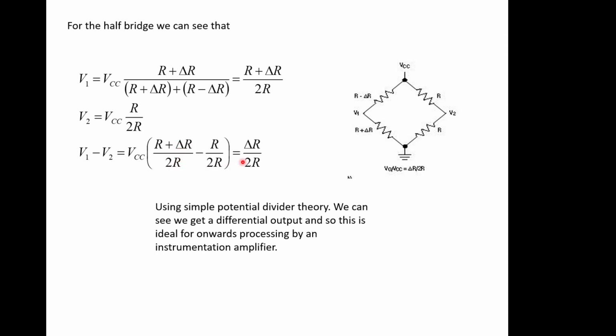If you run that through, you end up with a sensitivity that's the change of resistance divided by 2 times R, where R is the resistance of the overall system. It's very straightforward, it works quite nicely, and it's a good way of getting a differential signal based halfway between the supply rails.